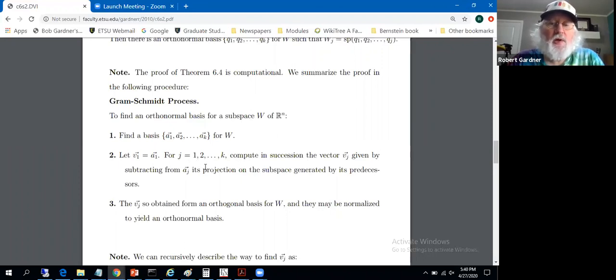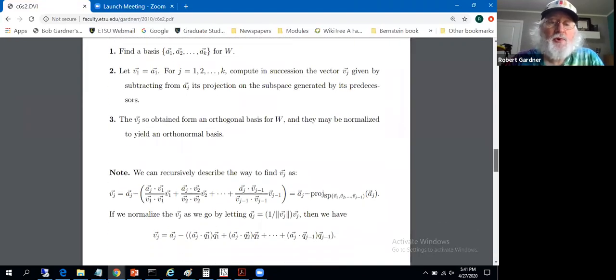Then for the remaining indices, compute in succession the vector V sub j given by subtracting from A sub j its projection on the subspace generated by its predecessors. That was the W sub j minus 1 stuff. That produces a bunch of V sub j's that are orthogonal, normalize them, and there's the orthonormal basis.